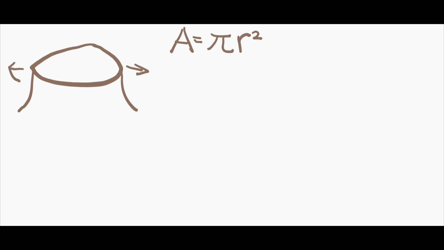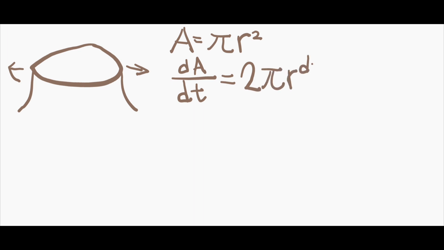And now we want to know how fast the area is growing, so the rate of change of the area. So we can just take the derivative of both sides. dA over dt in terms of time is equal to, well, we do implicit differentiation, 2 pi r times dr over dt. We have to remember the dr over dt because we are differentiating this with regards to time.